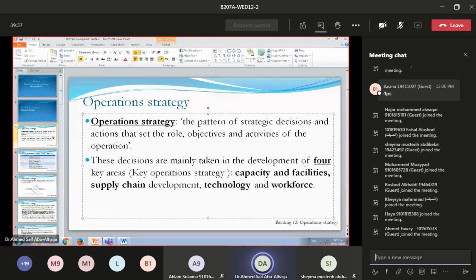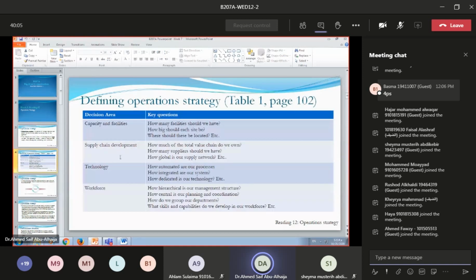So yes, these are the four important areas under the operation strategy: capacity and facilities, supply chain, technology, and workforce. And remember the diagram that explains input, then the process, then the output. So that's what we mean. Here they went into details about each area and how to define it.